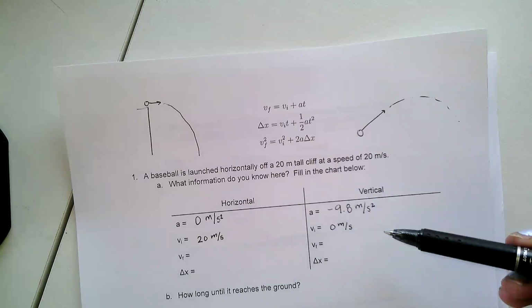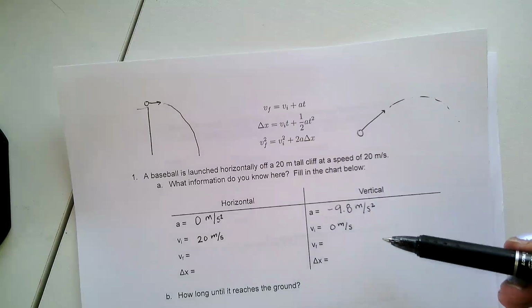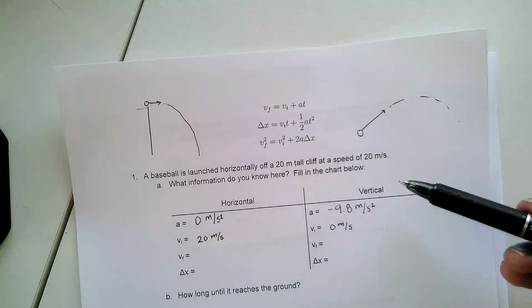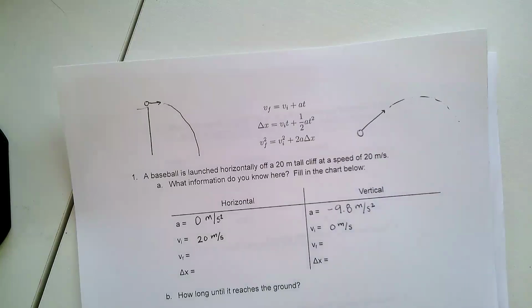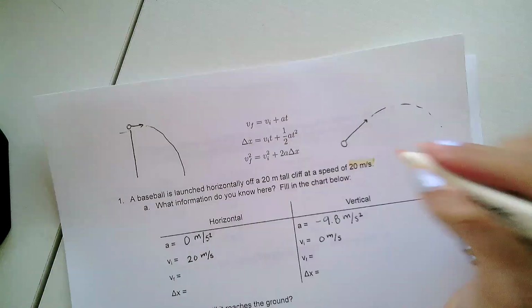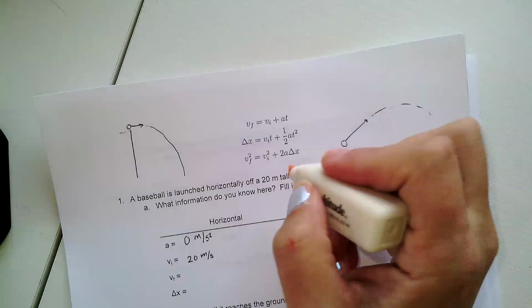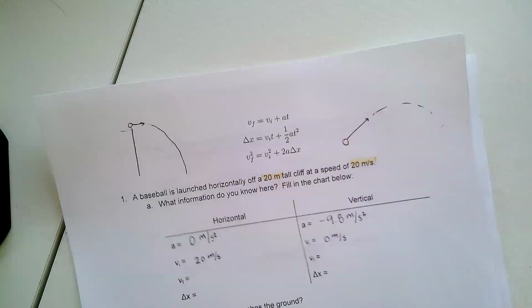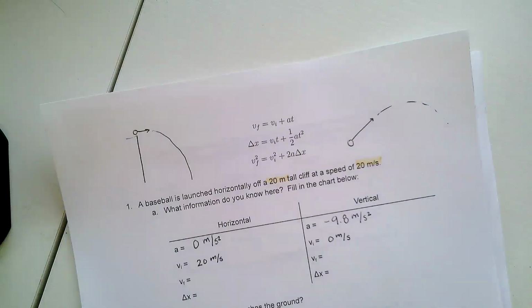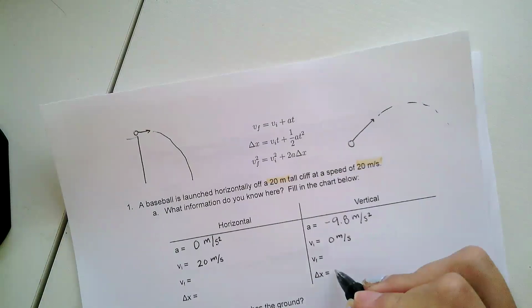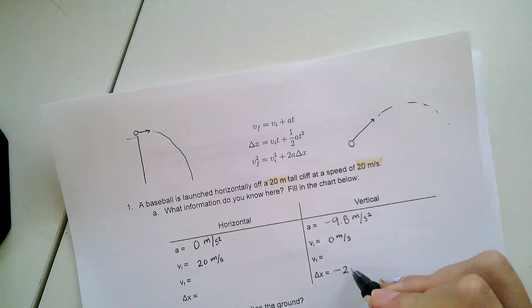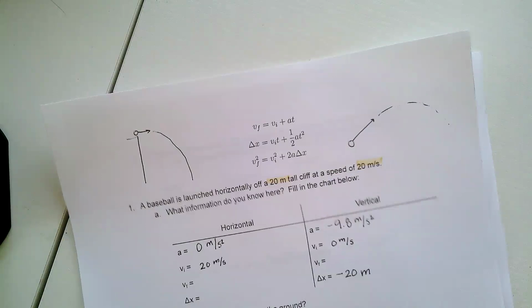All right. I don't know anything about final velocity, and there's nothing in this problem about final velocity, but I do know the 20 meters per second that was over here. I do have this 20-meter tall cliff, which, what does that mean? It means that when I reach the ground, my change in position vertically is going to be negative 20 meters.